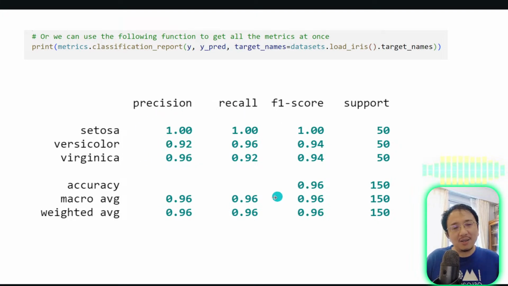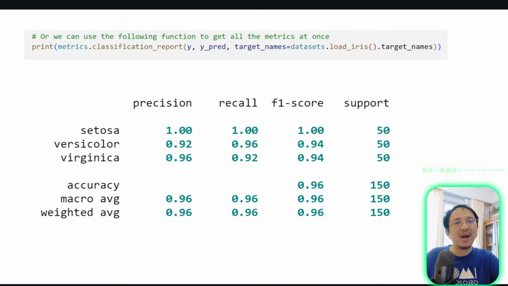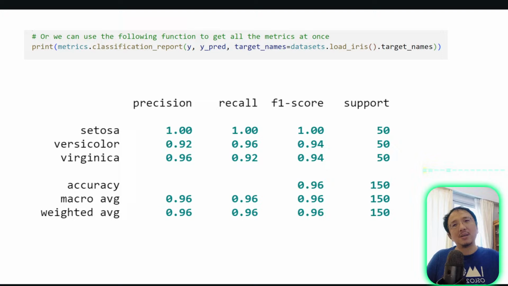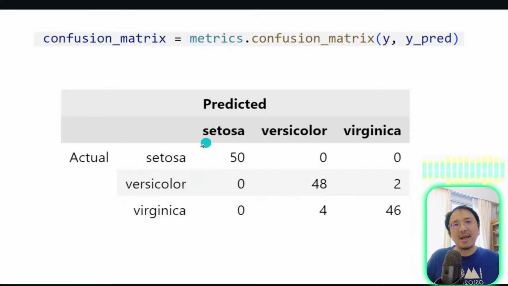Another related concept is called the recall. Recall means in the actual category, how many of them have been identified correctly. In this case, Setosa, we have 50 pictures of Setosa. All of them are correct. In Versicolor, we also have 50 images.